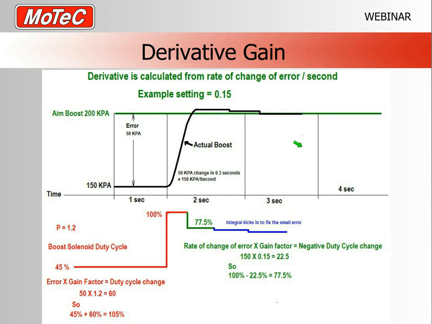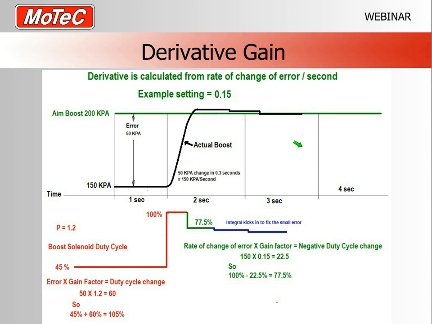150 kPa times our gain factor 0.15 equals 22.5%. So that means we take our duty cycle and take 22.5% off it. So that would make 77.5. So here is the effect that you actually get on the solenoid.